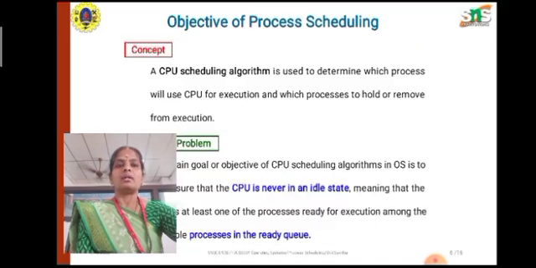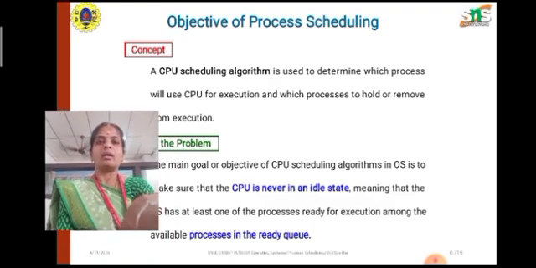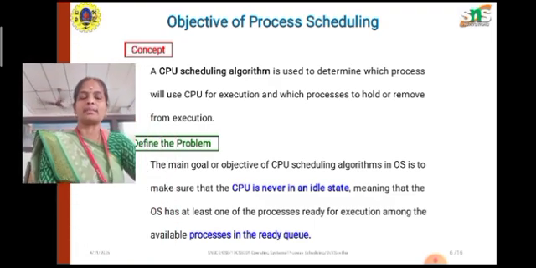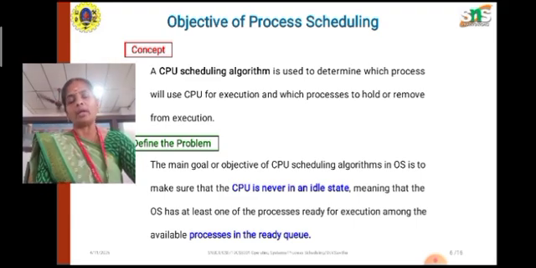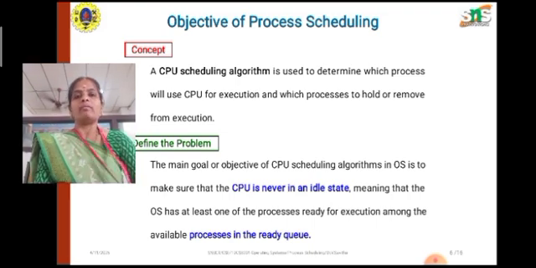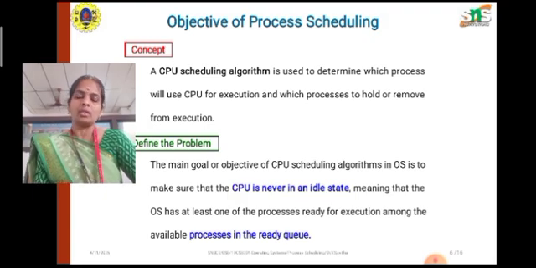Coming to the objective of process scheduling, the concept is that whenever a CPU scheduling algorithm is given, its purpose is to determine which process will be executed by the CPU at a particular moment. There may be some cases where the CPU has to retain the process, or has to switch the process, for example when a high priority process enters the queue.